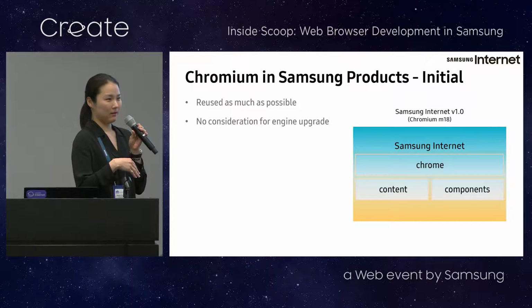And so when we were preparing for the next devices, our next flagship models, and we needed to update to the latest Chromium, it was like we needed to start from the beginning and practically rewrite a new browser. So we did that once, and well, as you can imagine, it was so painful.